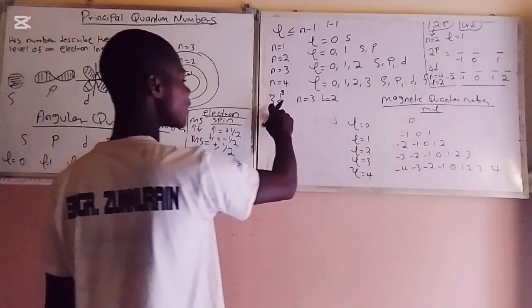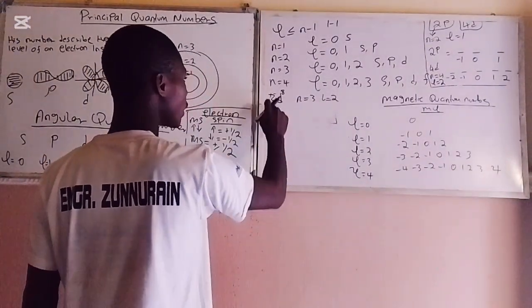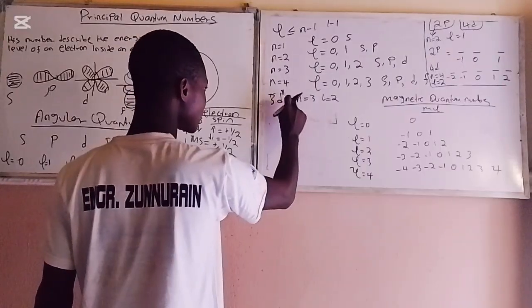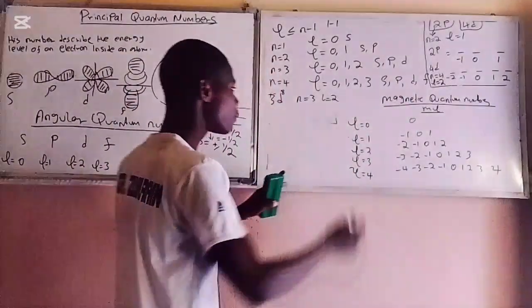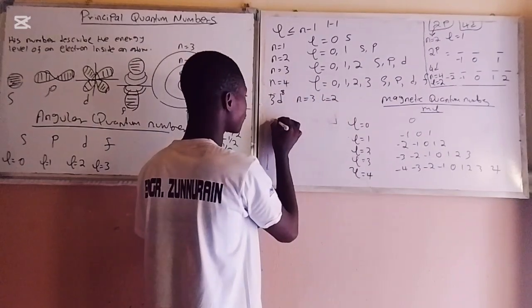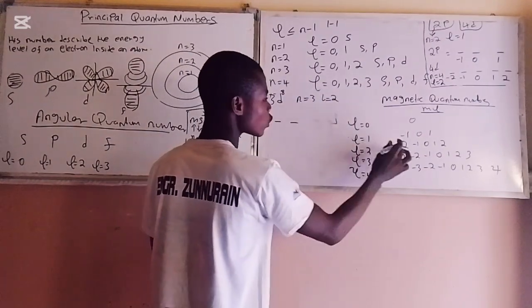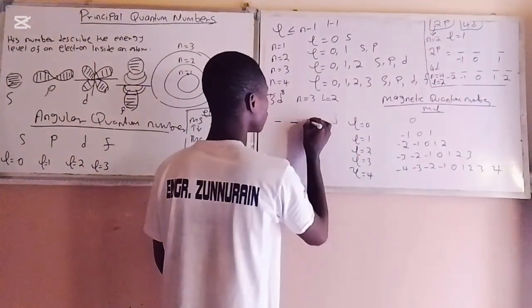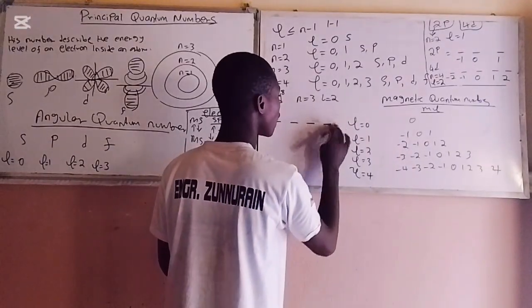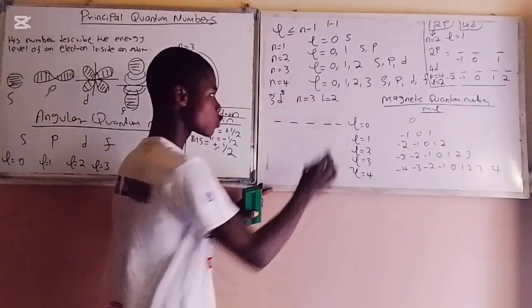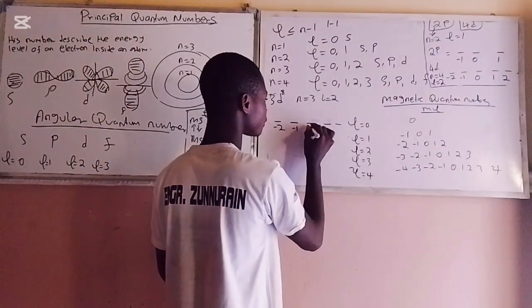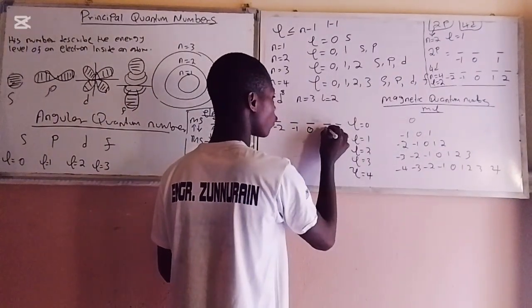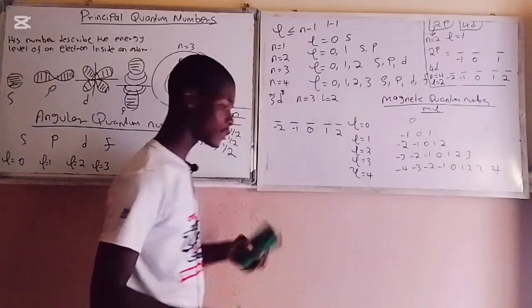As in the first example, you will find n and l. And therefore you have to apply the magnetic quantum number for l equals 2. So I have minus 2, minus 1, 0, 1 and 2.